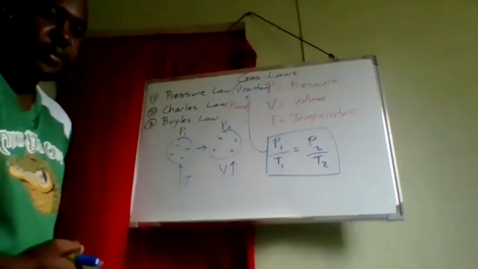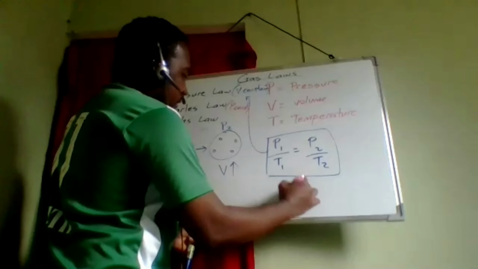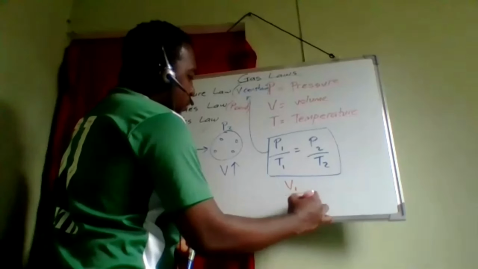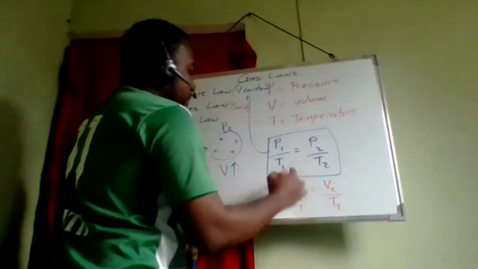And that shows us that when we increase the temperature, they get more energy so they can actually spread more. So in spreading more, that increases the volume of the gas, right? And in that case, we have that V1 over T1 is equal to V2 over T2, right?